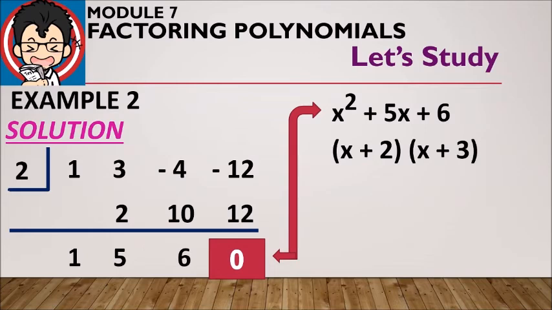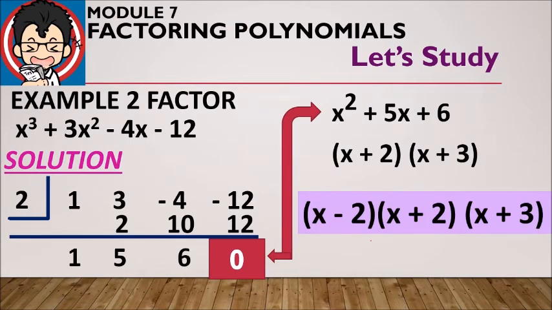Now, at this point, pansinin ninyo, notice that the resulting equation is x squared plus 5x plus 6. Itong expression na to, this can still be factored. Pag finactor natin siya, itong lalabas, x plus 2 and x plus 3. So, ano ngayon ang ibig sabihin nito?